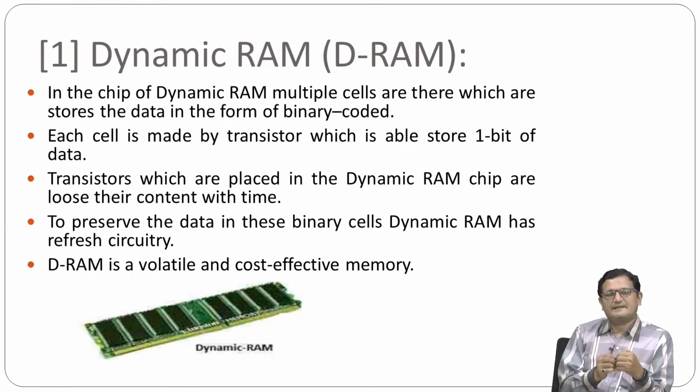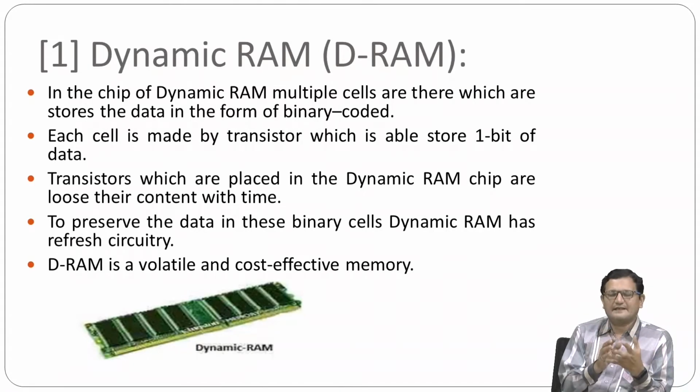If that refresh circuitry is not working, and suppose it is not reading each cell frequently, right, then what happens is that if you have charged a particular transistor, after some amount of time you will find that transistor is in a discharged mode, right? So to keep the content in the transistor as it is, we need to put in one refresh circuitry.